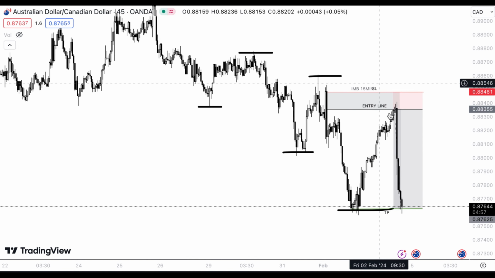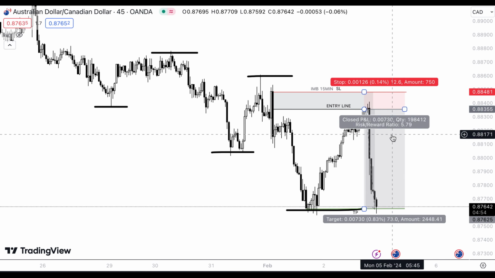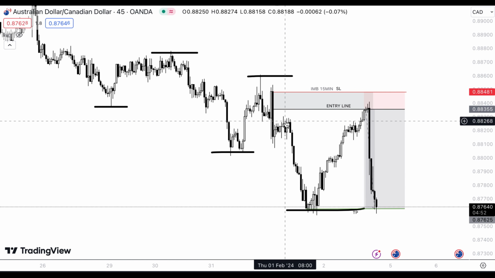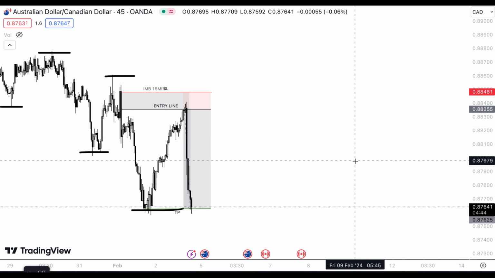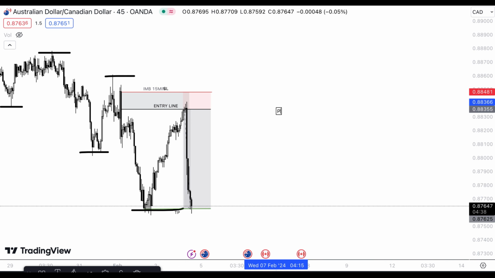Now that we found our structure, before getting into any trade we want to understand what we're looking for. In down structure, what are the two types of entries that we talk about in the group? They are POIs. POI stands for point of interest, because these are areas that we want to trade in.